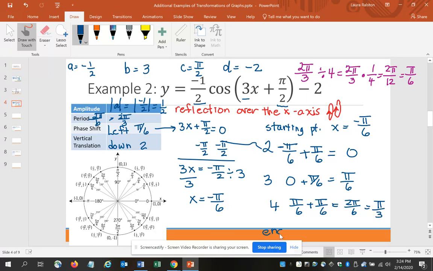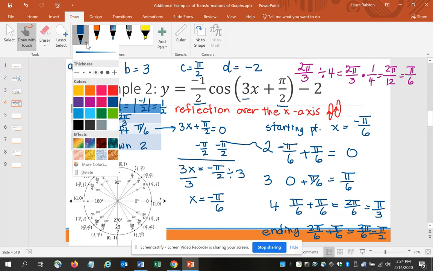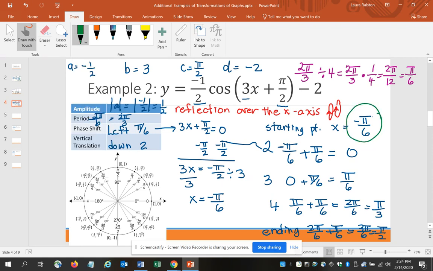And then my ending point is going to be 2 pi sixth, or pi thirds, plus pi sixth, which is 3 pi sixth, or pi halves. So the values that I want to put on my horizontal axis are going to be negative pi sixth, 0, pi sixth, pi thirds, and pi halves.